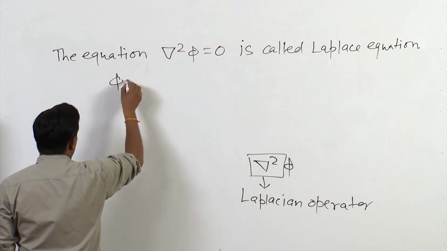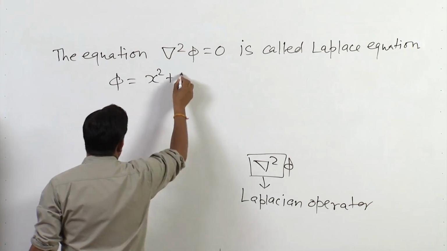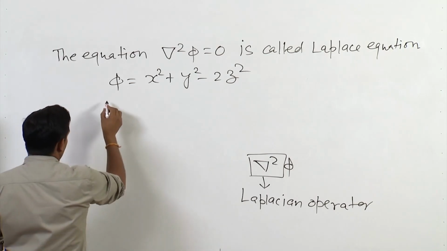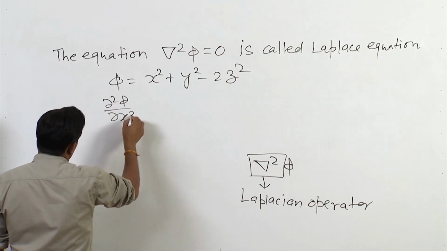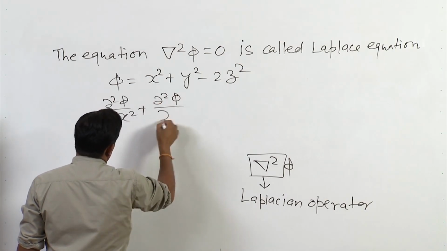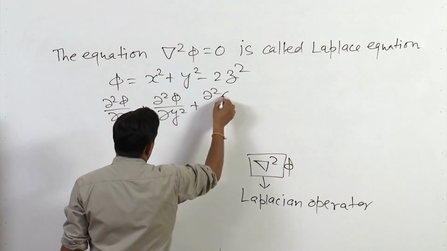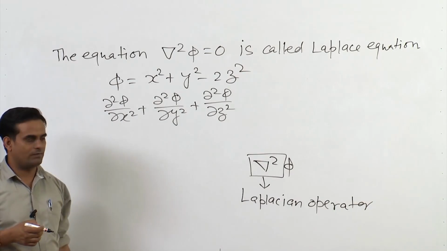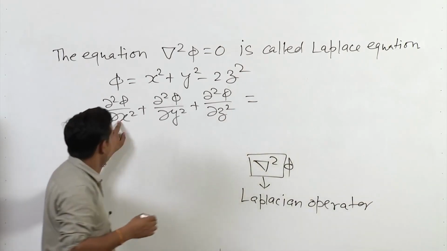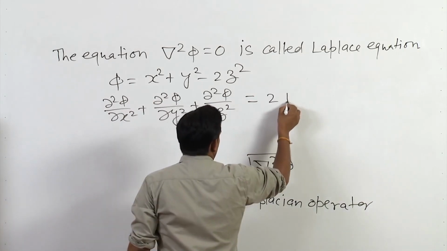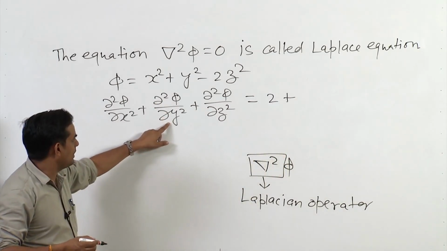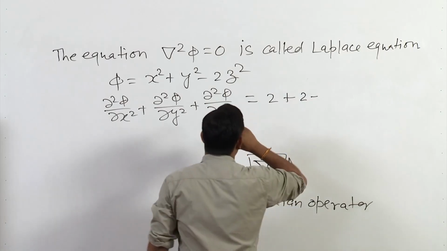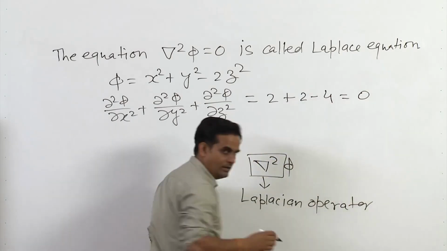For example, if I take phi equals x square plus y square minus twice z square, then del 2 phi over del x square plus del 2 phi over del y square plus del 2 phi over del z square, which is the Laplacian operator operating on phi, is: this term is 2, plus the second order partial derivative with respect to y is 2, minus 4, and this comes out to be 0.